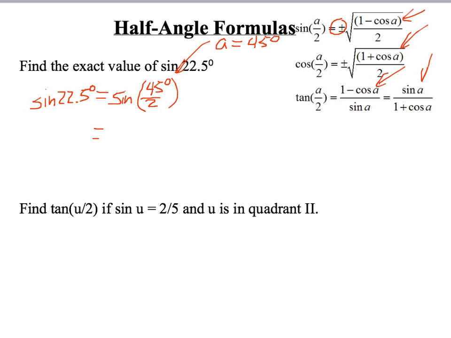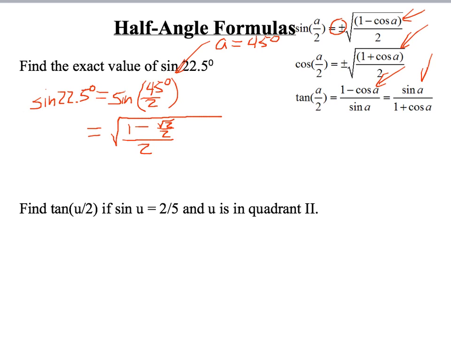We can just step right in and go to the square root of 1 minus the cosine of 45 degrees, which is square root of 2 over 2, and that goes all over 2 right there. Now this is an equal sign right here, not a z.